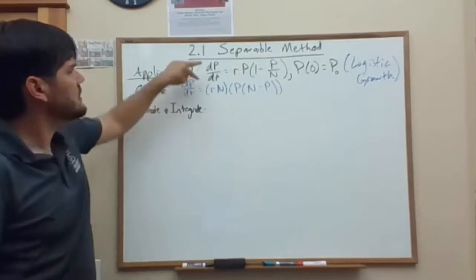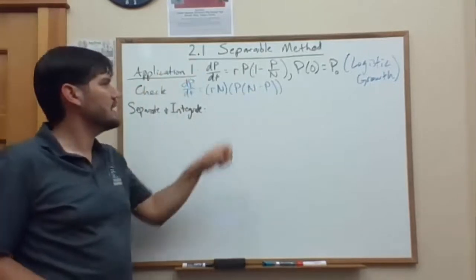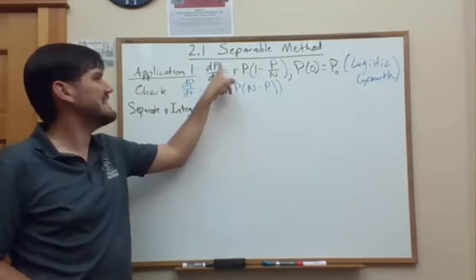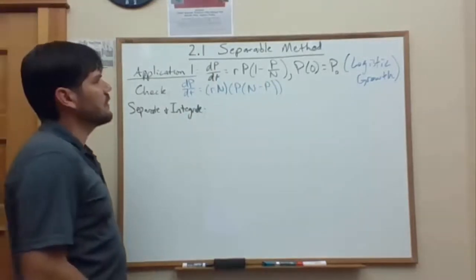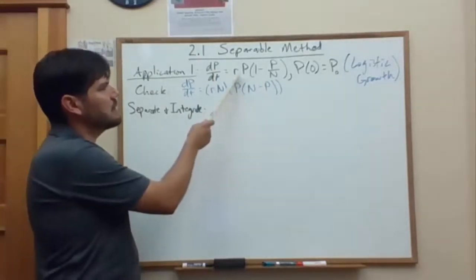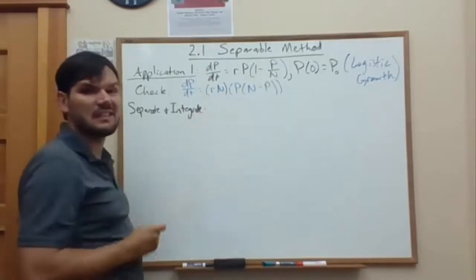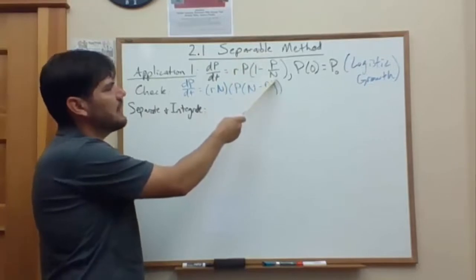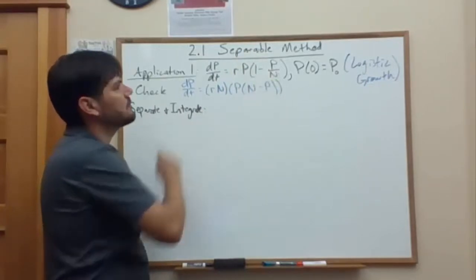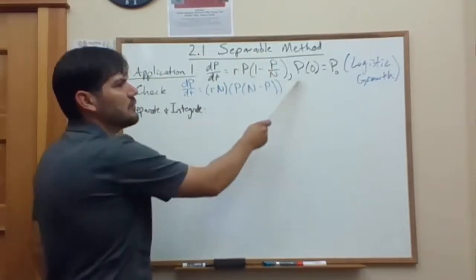So dP/dt determines the independent variable and dependent variable, which leaves us with parameters r and N. This happens to be the growth rate, the exponential growth rate at the beginning, and then the carrying capacity we'll talk about later. We also have an initial condition to work with.